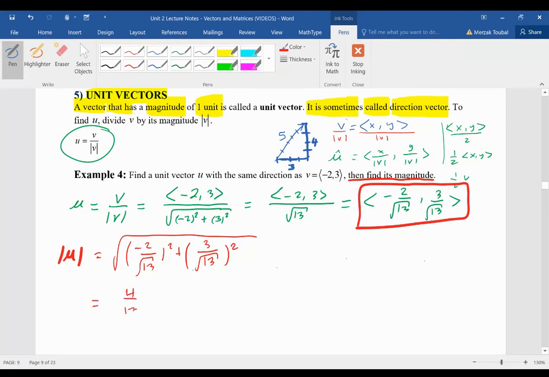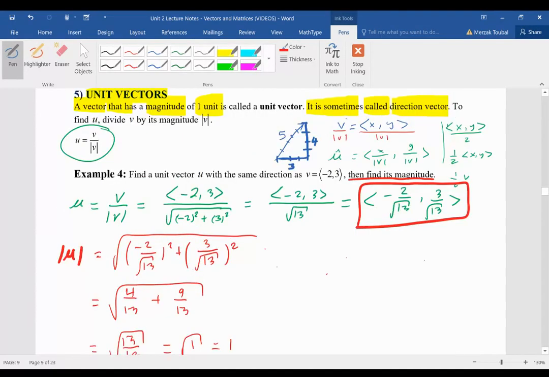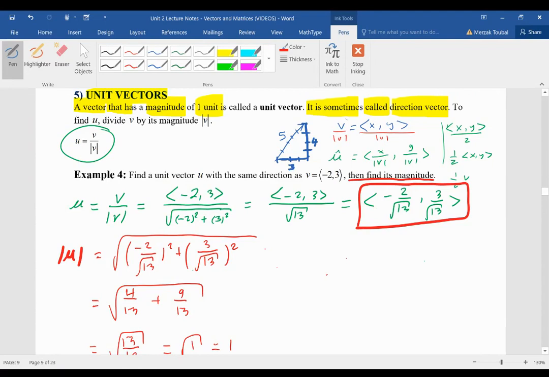That is 4 over 13 plus 9 over 13. And what is 4 plus 9? That's 13. Common denominator, 13. Square root of 13 over 13, which is the square root of 1, which is 1. And that verifies that this is indeed a unit vector, because the definition of a unit vector is a vector that has a magnitude of 1 unit.